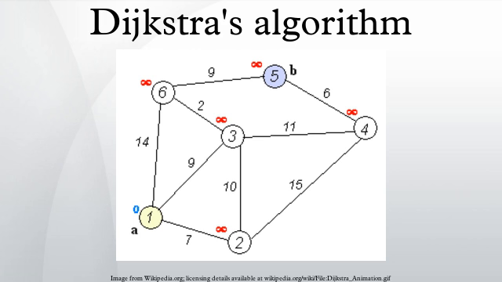MIT Press and McGraw-Hill. Pages 595-601. ISBN 0-262-03293-7. Fredman, Michael Lawrence; Tarjan, Robert E. Fibonacci heaps and their uses in improved network optimization algorithms. 25th Annual Symposium on Foundations of Computer Science. IEEE. Pages 338-346.